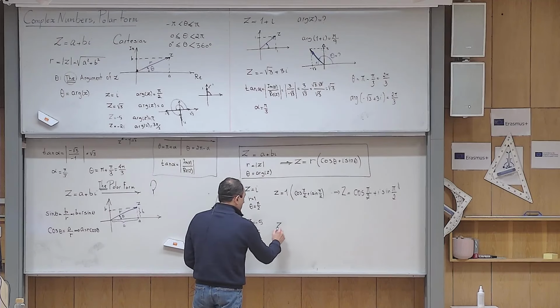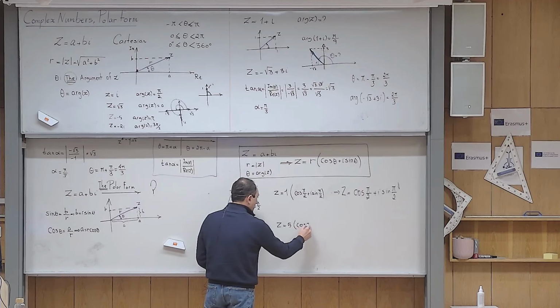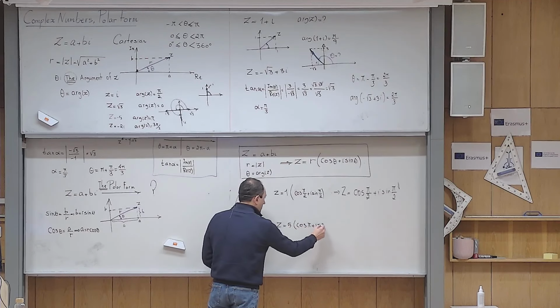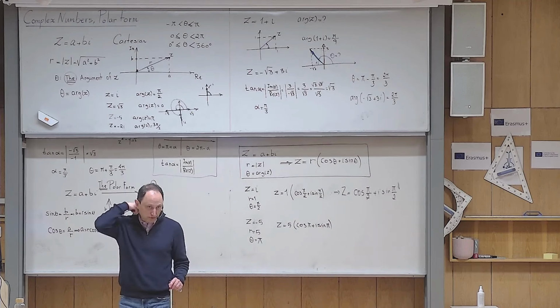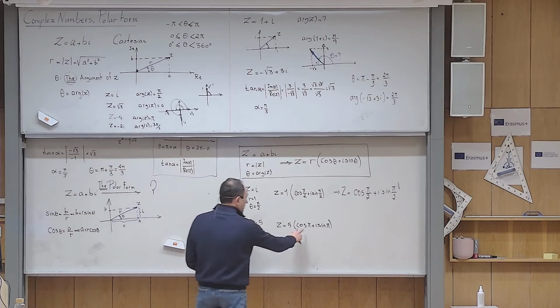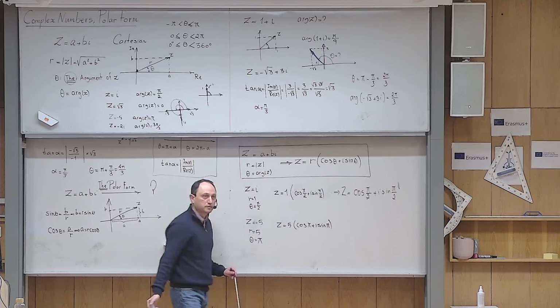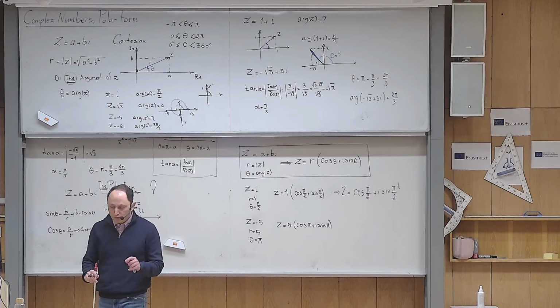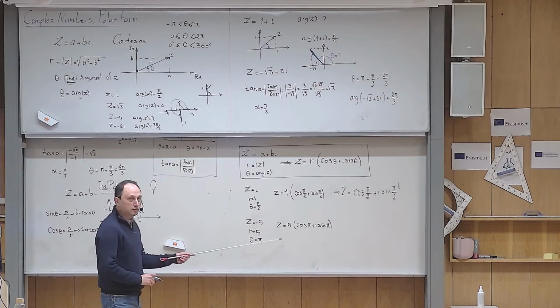You write z is equal to r, which is 5, times cosine of pi plus i sine of pi. And you will stop there without simplification, because if you simplify, you go back to minus 5. Why is that? Check. Cosine of pi is minus 1, sine of pi is 0, so if you multiply, it becomes minus 5.